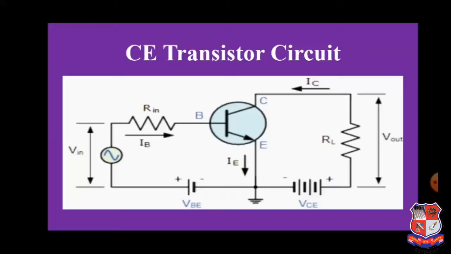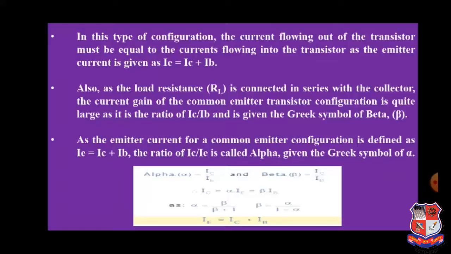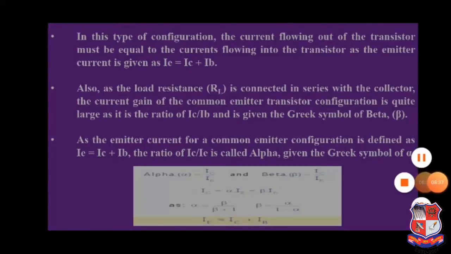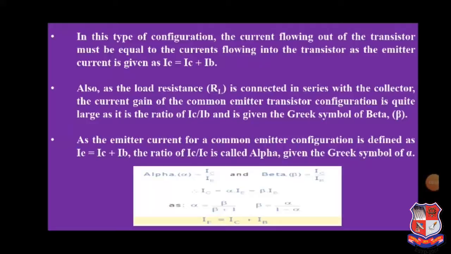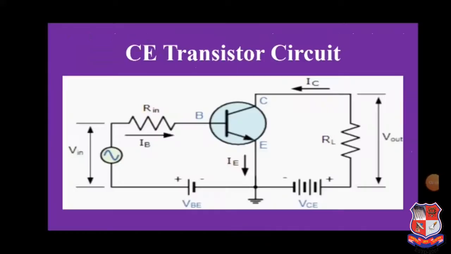So this was all about the common emitter transistor circuit, where we have seen that the configuration is very important in view of the highest current gain. Because the voltage is very large due to the high impedance, again we will get a higher value of collector current.